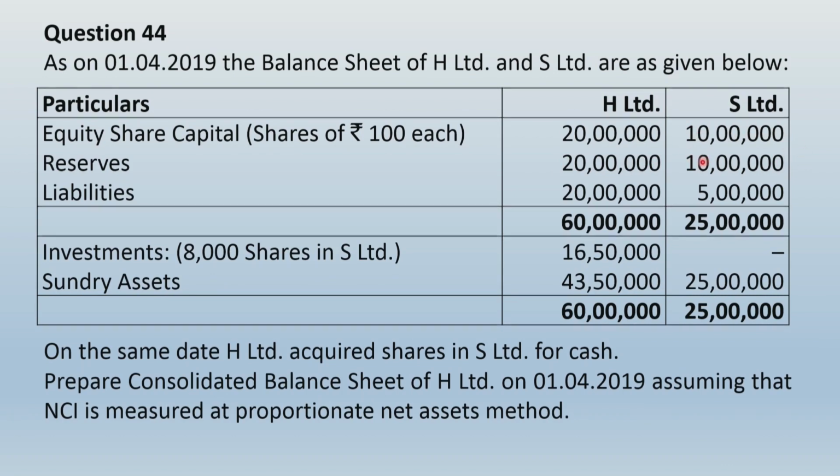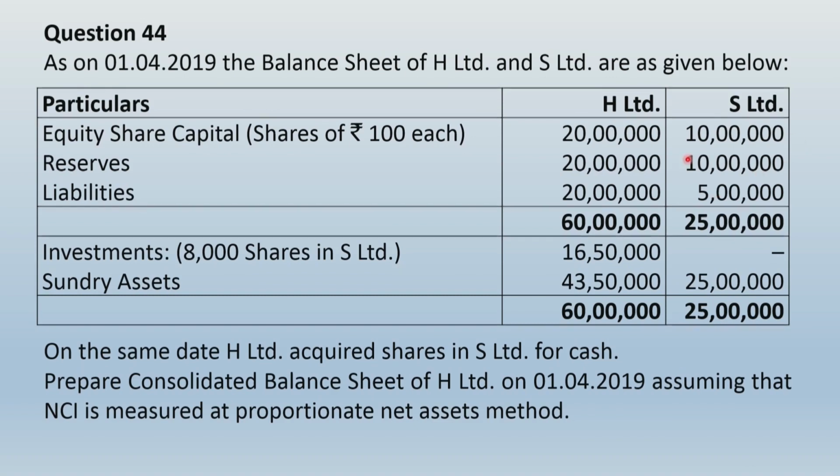The equity share capital and other equity of the subsidiary as at the date of acquisition, these two amounts would represent the net assets in S Limited. And can you see, if H Limited has acquired 8,000 shares, it has acquired 80% of net assets of S Limited.